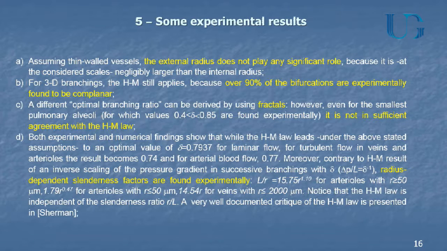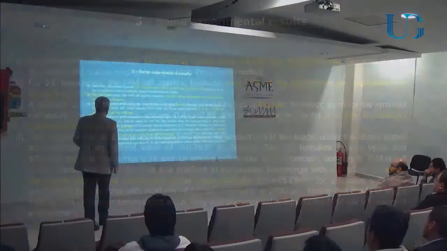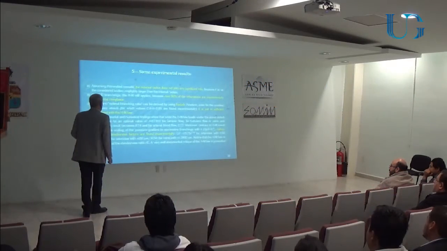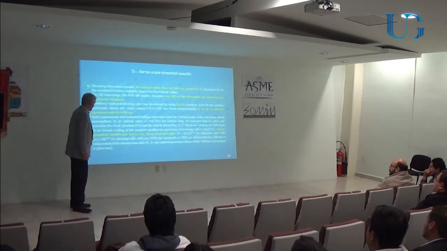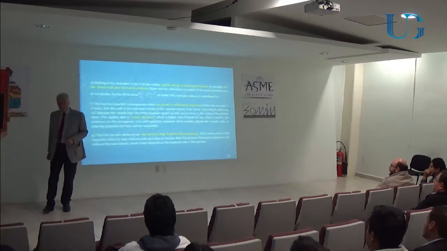Experimental findings suggest that the delta P depends, with another allometric law, on L over R, or R over L, the slenderness ratio. Okay? And this is the most serious contradiction of the Hess-Murray formulation. Next, please.